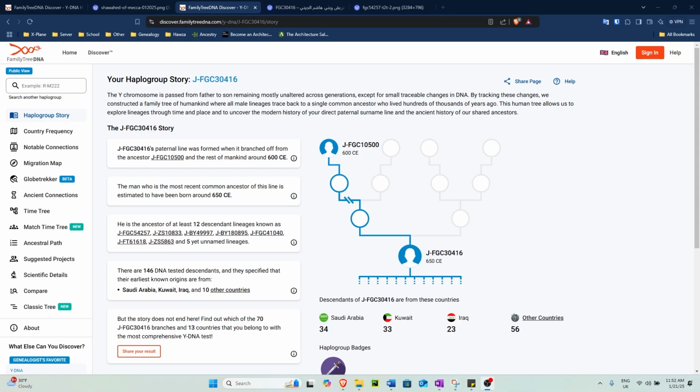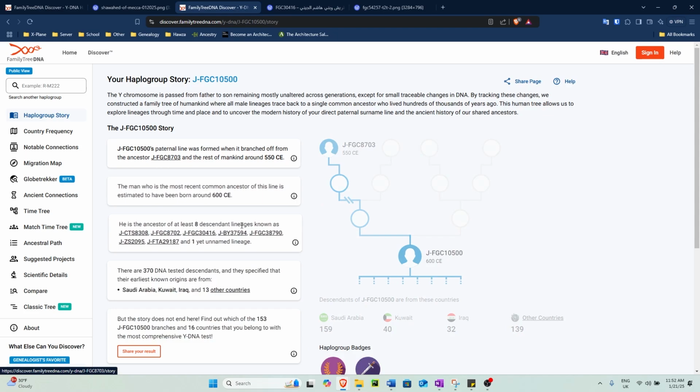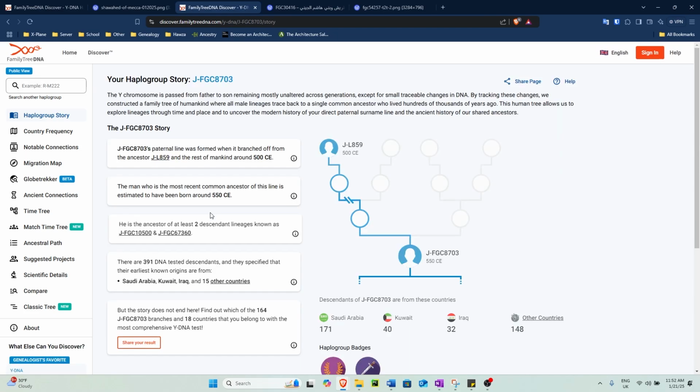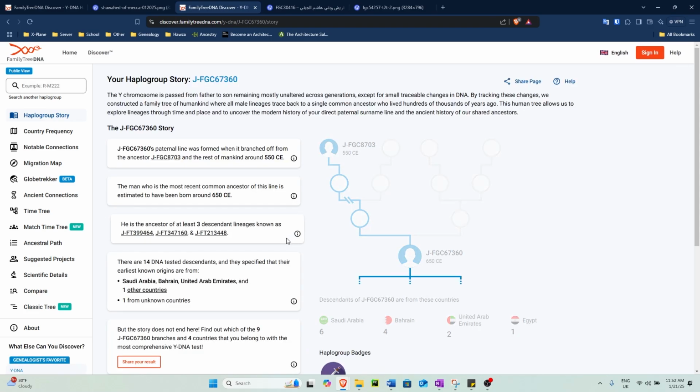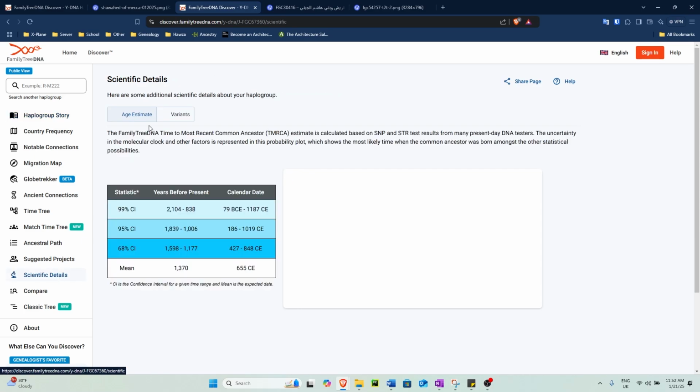Now, after discussing all the mutations under FGC 10500 which are prominent, we can go back to see the Jafar al-Tayyar mutation labeled as FGC 67360. So this is also a very small lineage, but quite a few claiming descendants of Jafar al-Tayyar have been found belonging to this, and of course the TMRCA matches very nicely.